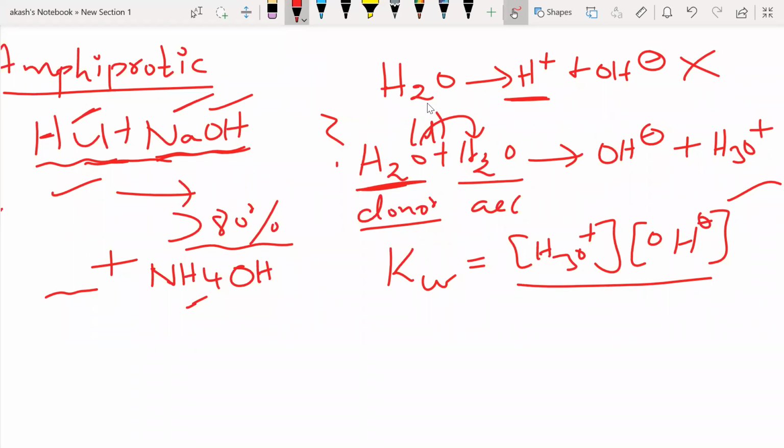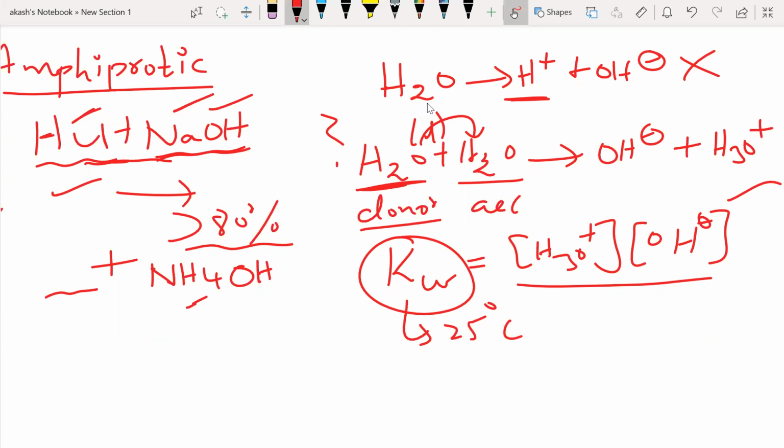Very simple, right? Now, this Kw was experimentally determined through some techniques, which you don't have to know, as they are really out of the scope of your books. Through some methods, they found this Kw value at 25 degrees Celsius. Obviously, when the temperature increases or decreases, this Kw also will change.